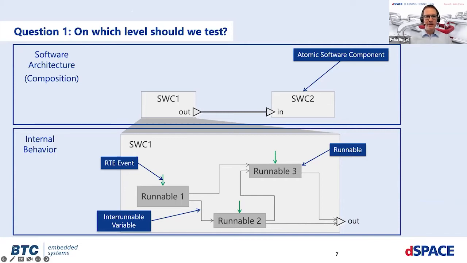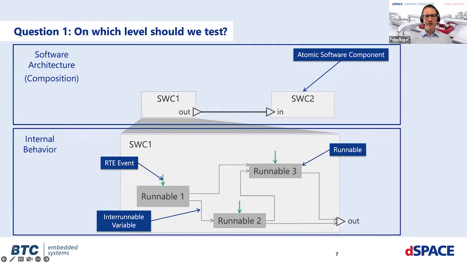So we have a software architecture that consists of software components. The SWC, software components, is a common term in AUTOSAR. The technical term is atomic software component. And if you have several of those connected in a special way, then you have a software component composition, which typically makes up a complete user function from the automotive point of view.